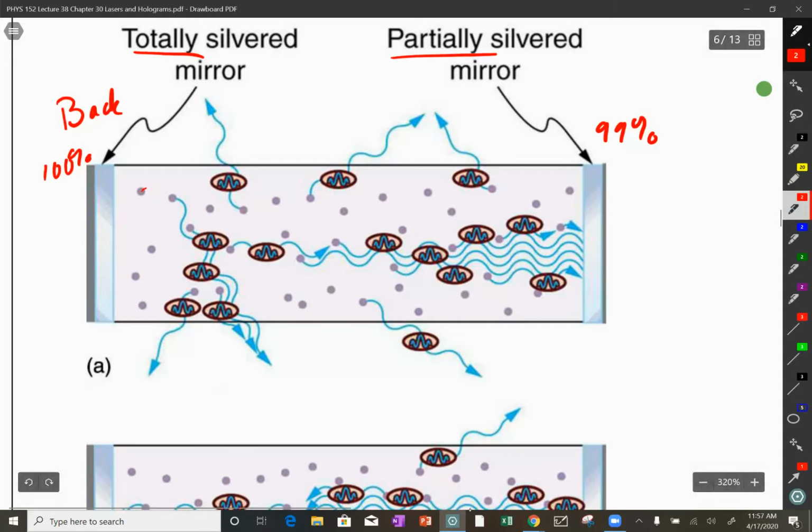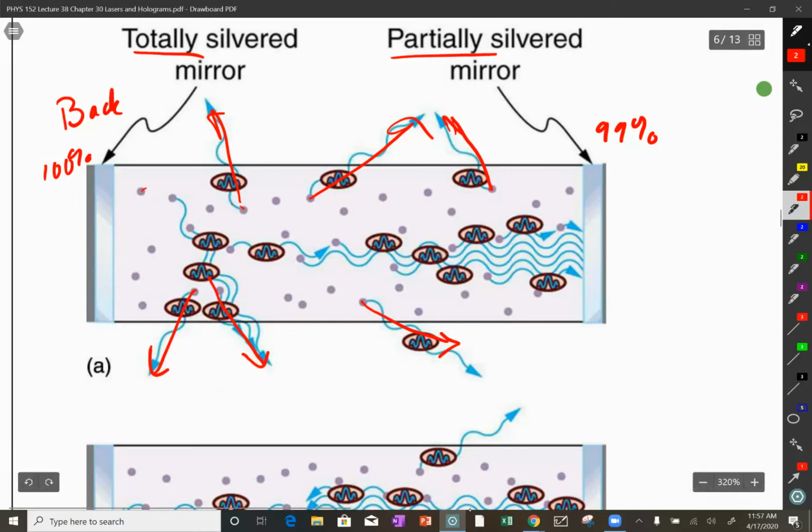And notice it shows this one decaying and the light comes up this direction. Well, that light's just lost. It's not going to be part of our laser. And so we have a bunch of light that was just lost. Any of these arrows that are going off at angles, that's just lost. And notice we had some amplification here, but it's still lost. Just a little amplification on its way out.